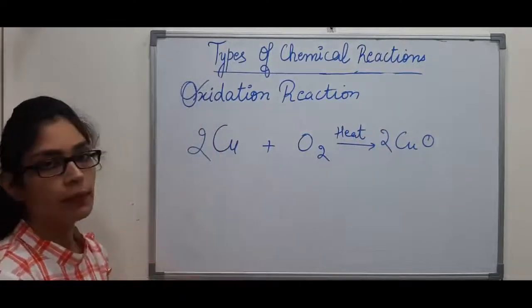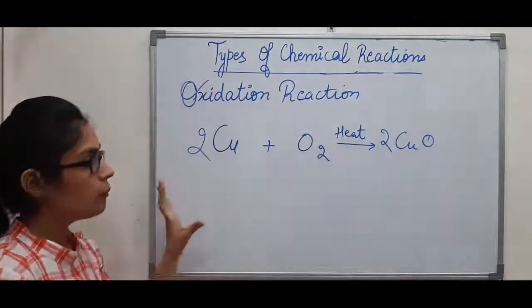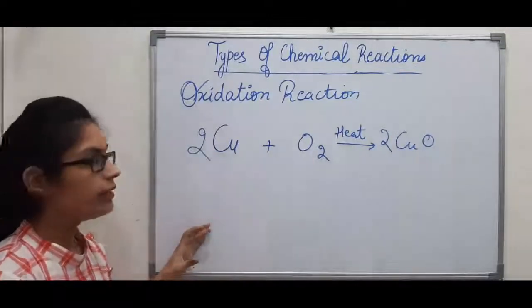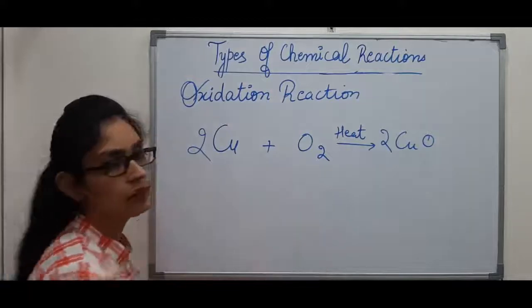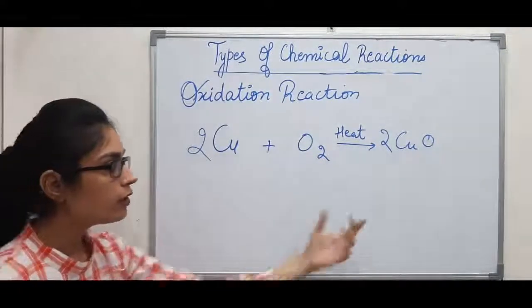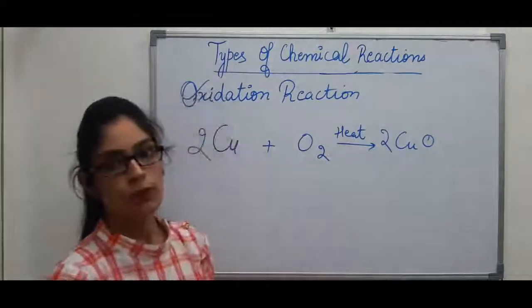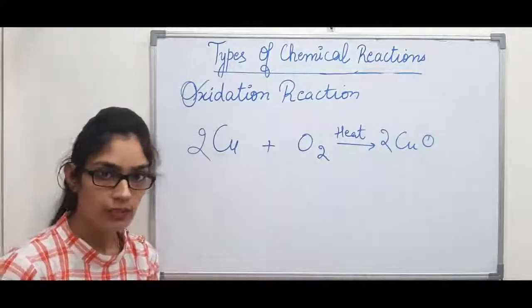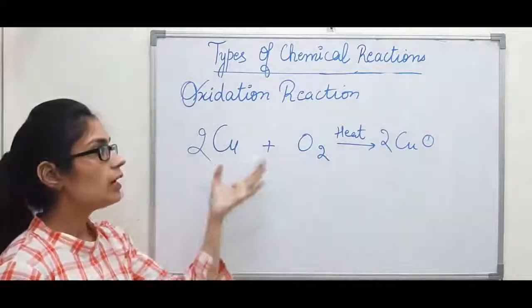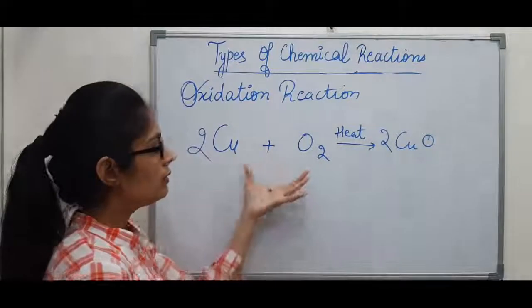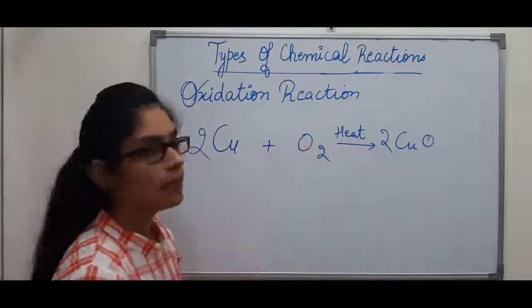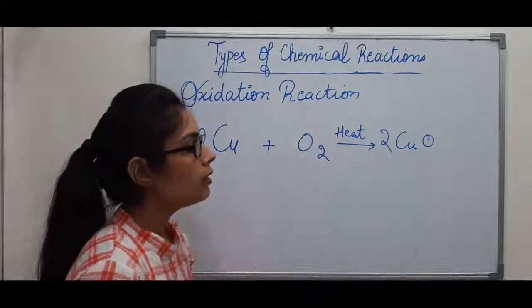From this example I can conclude my first type which I have studied is combination reaction. See, two reactants are getting combined to give me a single product, which means this is an example of combination reaction also. This is an example of oxidation reaction also. And one last thing, these reactants are absorbing heat and giving me the product.